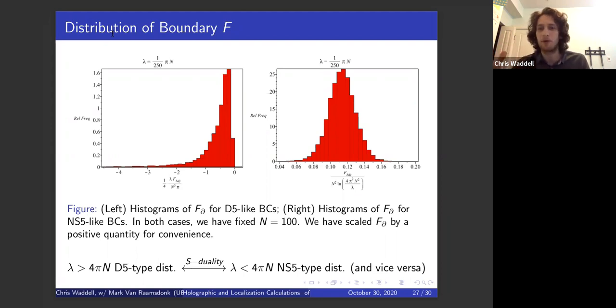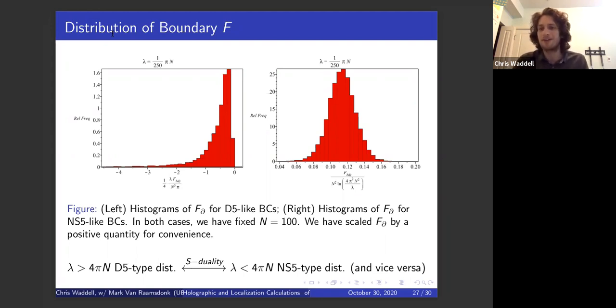And I've scaled both by some positive quantities just for convenience. But one immediate takeaway from this picture is that, at least in this case where we have a small 't Hooft coupling, the D5 case leads to largely negative values of the boundary free energy, or boundary F, whereas the NS5-like case leads to largely positive values.